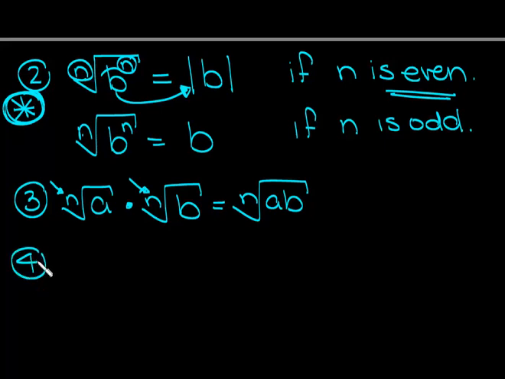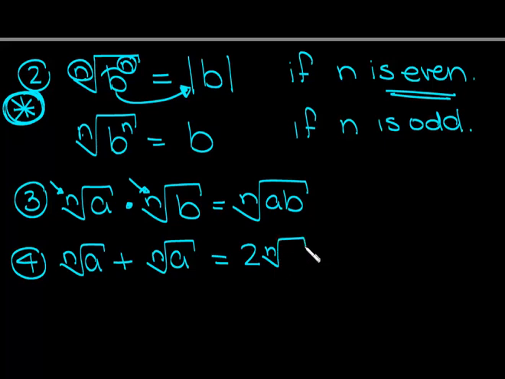The next property of radicals is if you have the nth root of a plus the nth root of a. If you're adding two radicals and they're exactly the same, then you just add them like you add variables.